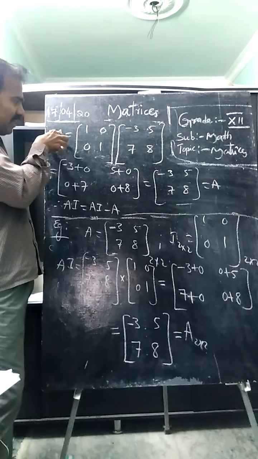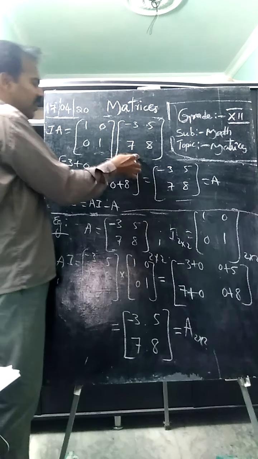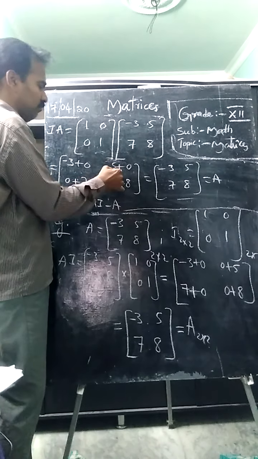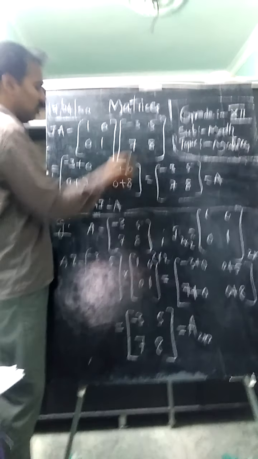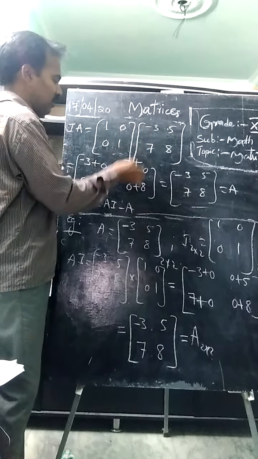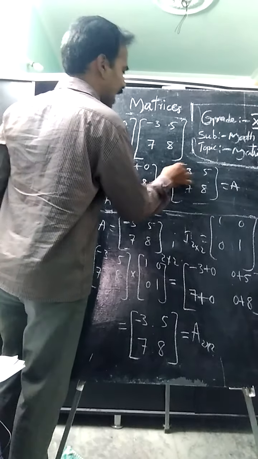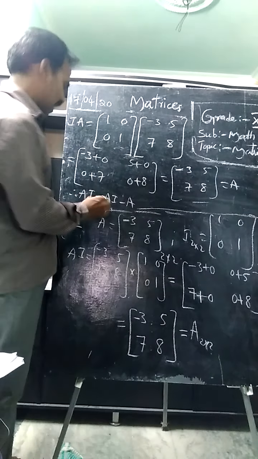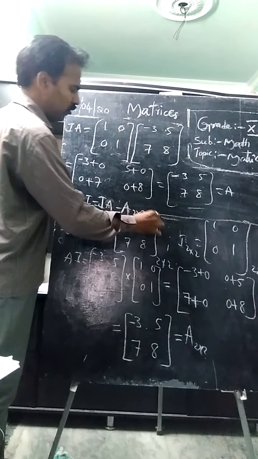Now let us check the IA value. I means the 2 by 2 order identity matrix. Again multiplying with the given matrix, row by column plus row by column, as you know how to do multiplication: minus 3 plus 0, 5 plus 0, again 0 plus 7, and 0 plus 8. Therefore we can say that AI equals IA equals A, a 2 by 2 matrix.